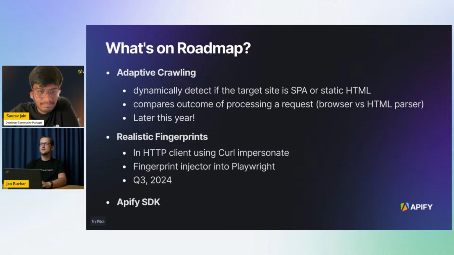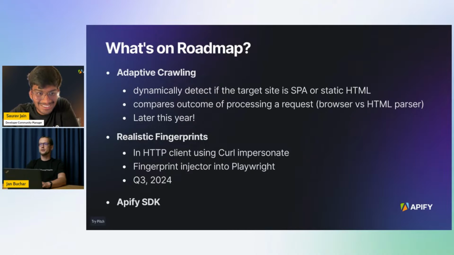Behind the scenes, it does it by scraping a portion of the site in both ways and comparing the results. The default is of course using a browser, but if it detects that the page is static, then it starts using just a static HTTP client. The support for this should come sometime later this year.